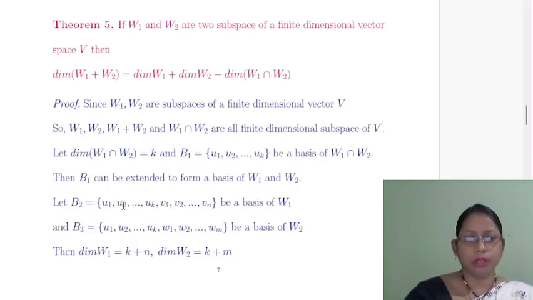Again, this is a linear combination of these vectors with 0 coefficients for the u's, that is 0 u1 plus 0 u2 plus dot dot dot 0 uk plus gamma 1 w1 plus gamma 2 w2 plus dot dot dot gamma m wm, so the element gamma 1 w1 plus gamma 2 w2 plus dot dot dot gamma m wm belongs to W2.